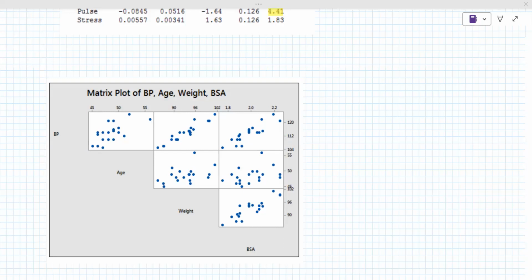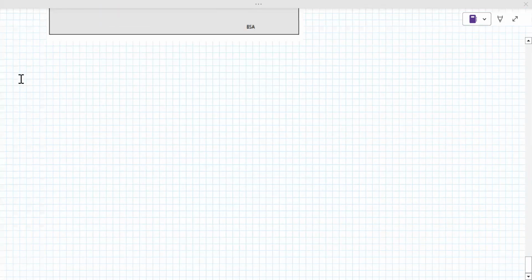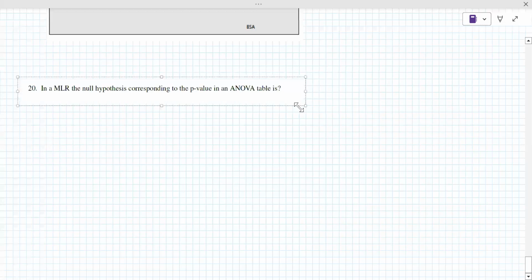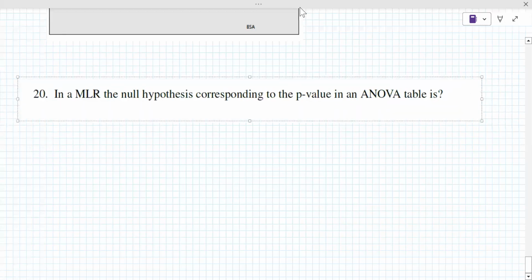So in a multiple linear regression, the null hypothesis corresponding to the p-value in an ANOVA table would be H0: R squared equals 0 versus HA: R squared not equal to 0. What that basically means is that H0 is B1 equals B2 equals B3, and so on, equals 0.